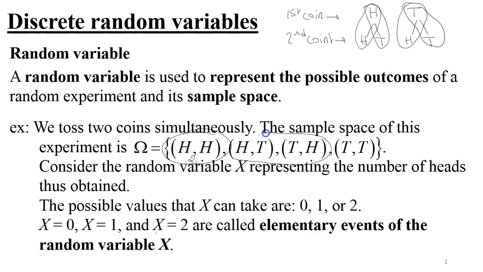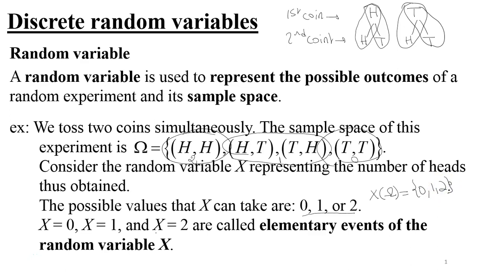These two outcomes would give me one head, and this outcome would give me 0 heads. So the possible values that this random variable can take are 0, 1, and 2. So 0, 1, and 2 represent the set of values of this random variable, which we could represent as X of omega equal to the discrete set {0, 1, 2}.